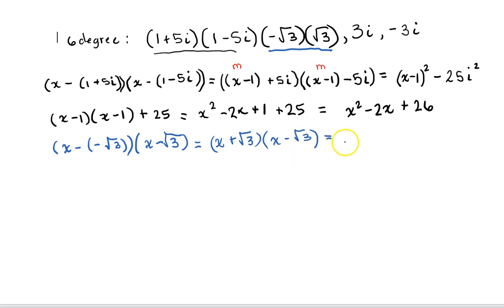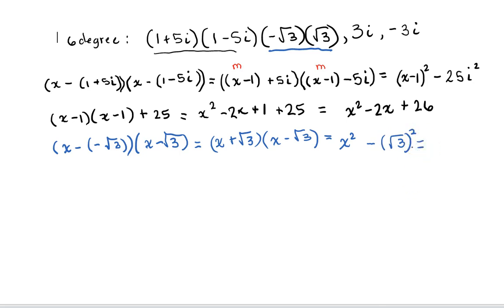So I'm going to have x squared. Remember, this is one of those formats like this. We get rid of the middle terms by doing the negative 3x and the positive 3x, and that makes it go away. So here I've got my square root of 3 and a negative square root of 3, so I'm going to have a negative, and then the square root of 3 squared.